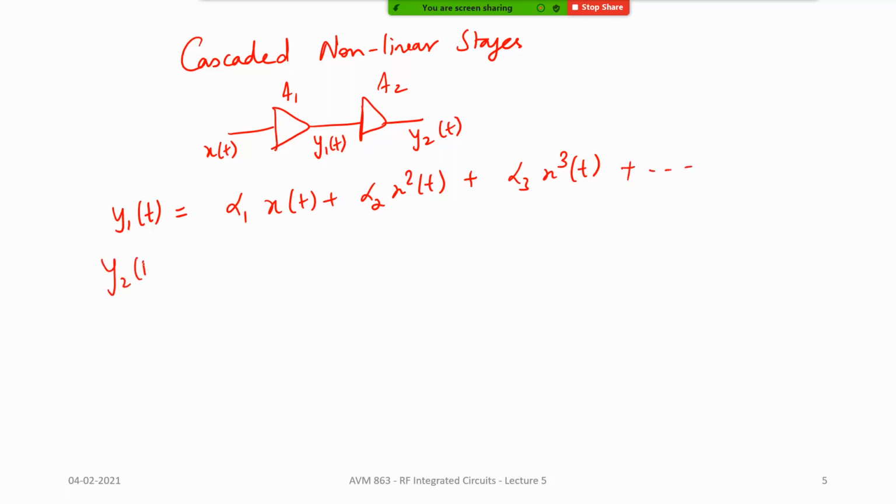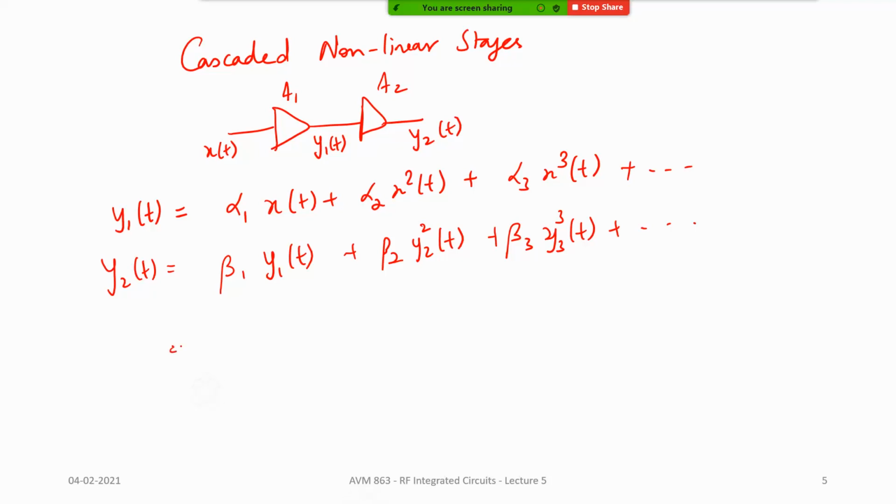Now y2 of t can also be written using another alphabet, beta: beta 1 times y1 of t plus beta 2 times y1 squared of t plus beta 3 times y1 cubed of t, and so on. This is very straightforward.